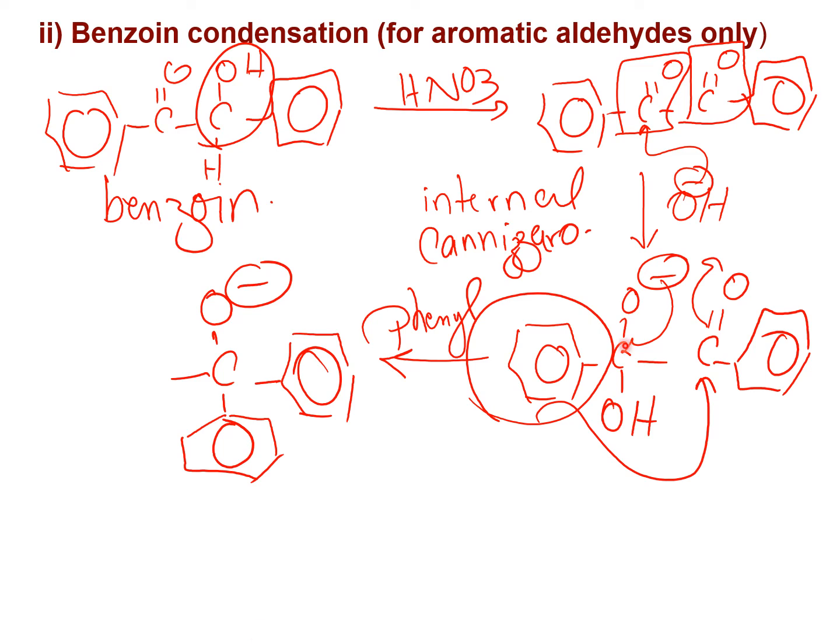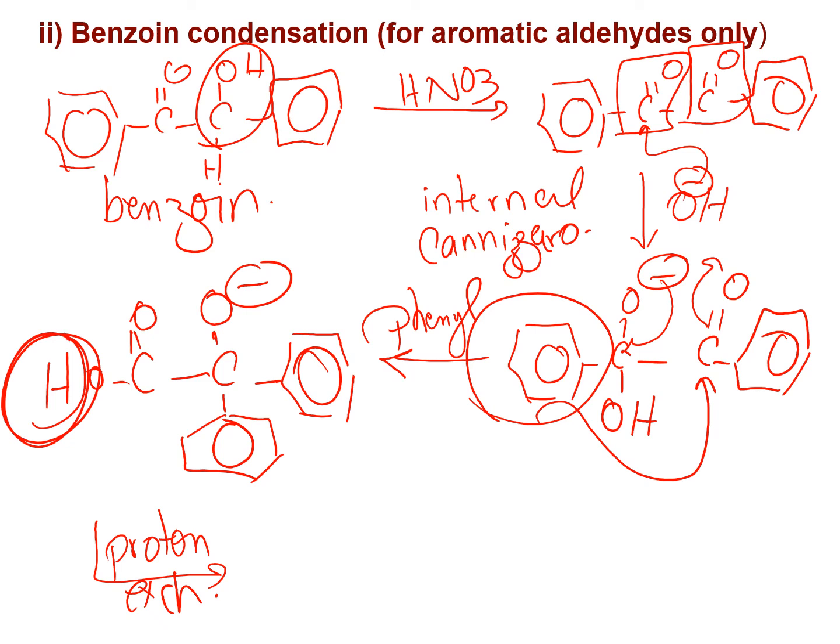And then it is attached to this carbon that has been converted to a carboxylic acid. Again, as we mentioned, you now have the salt of an alcohol and a free acid. So you have to have proton exchange between this hydrogen. It will move to this oxygen and you will get the benzilic acid.